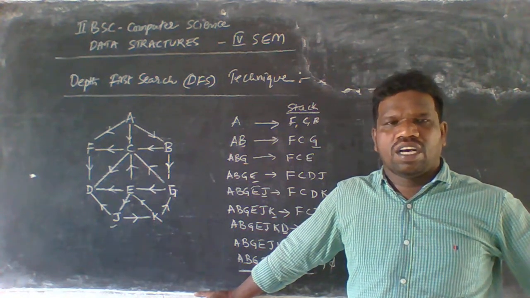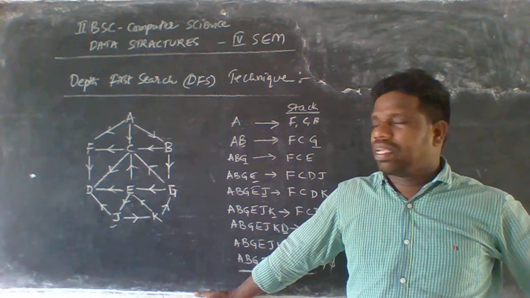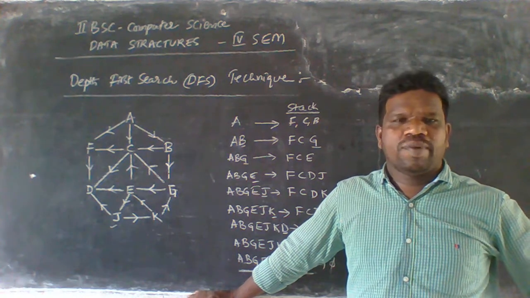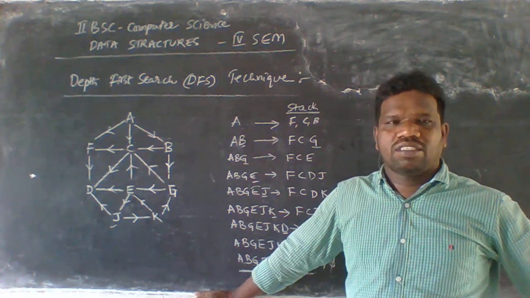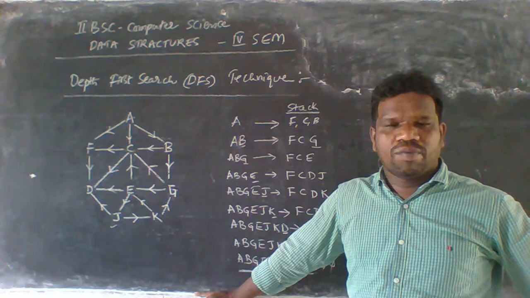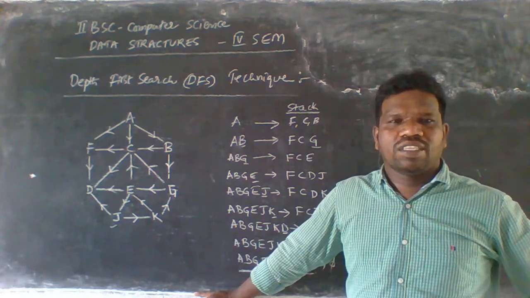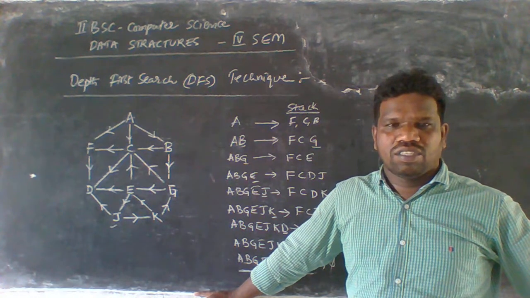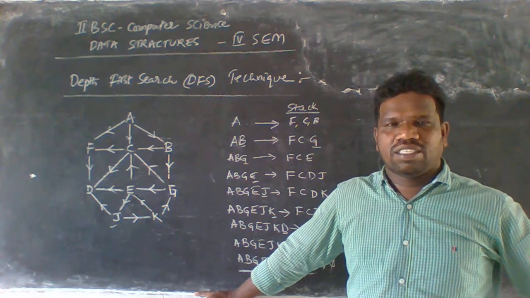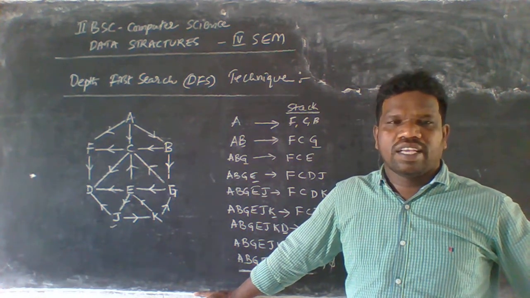That is the main difference: BFS is followed by the queue operation, and DFS is followed by the stack operations. Okay, so this is what we call graph traversal techniques. This question is a very important essay question here.